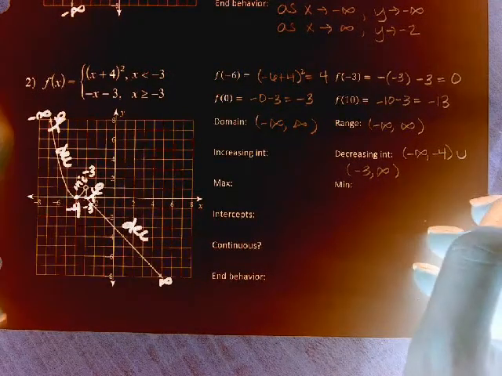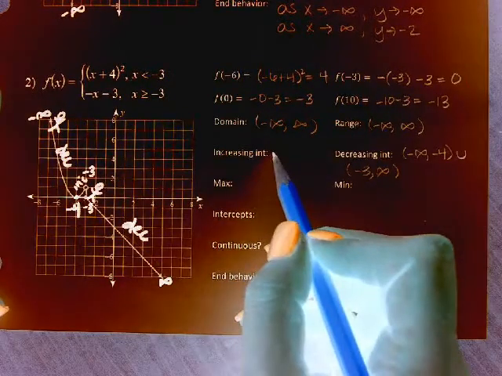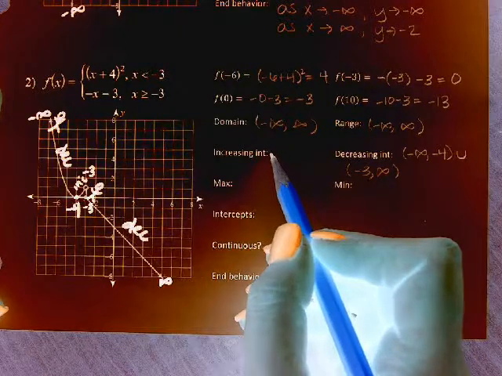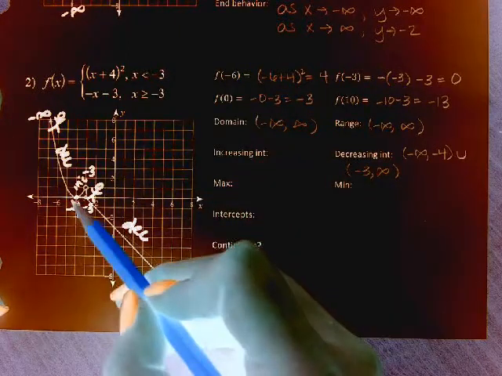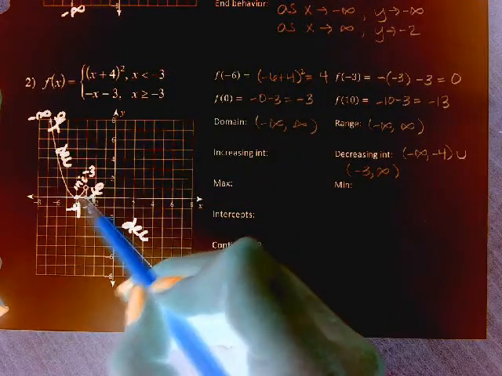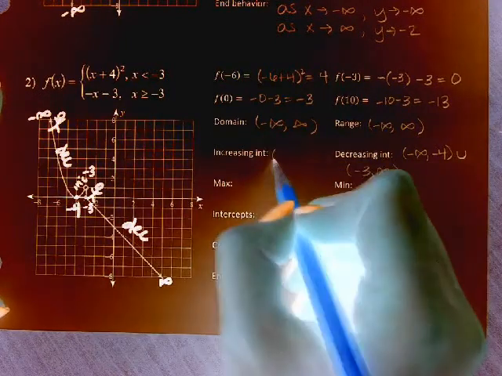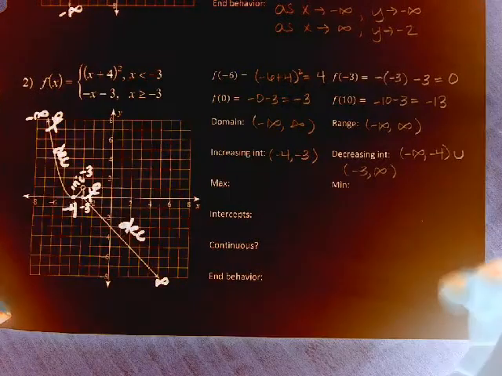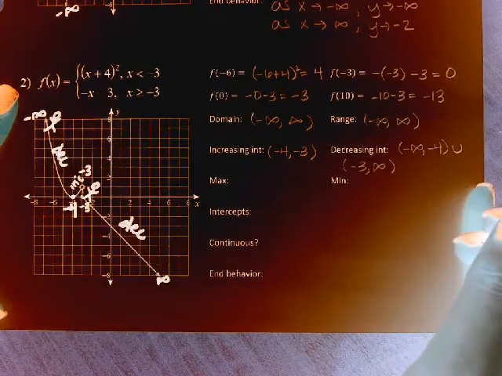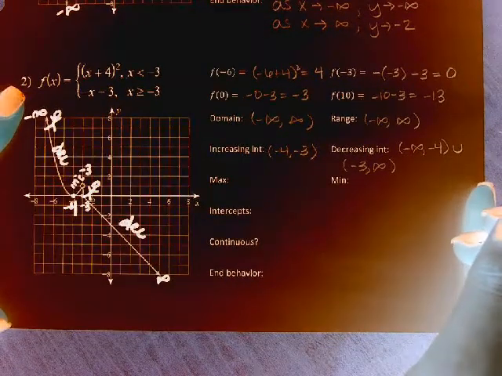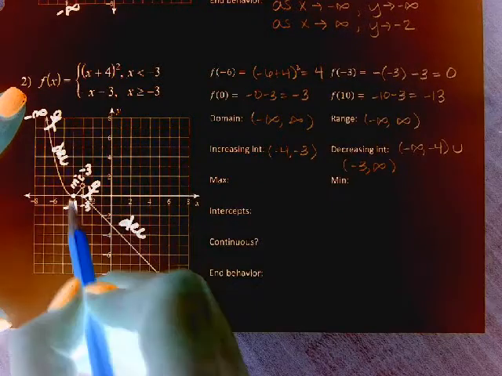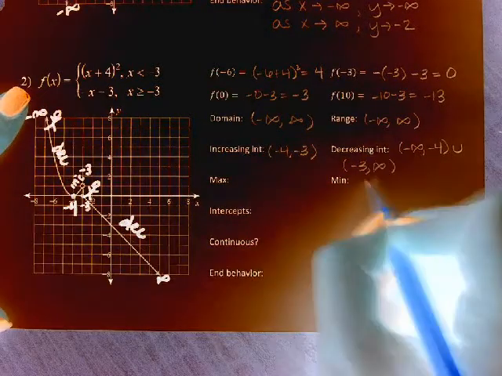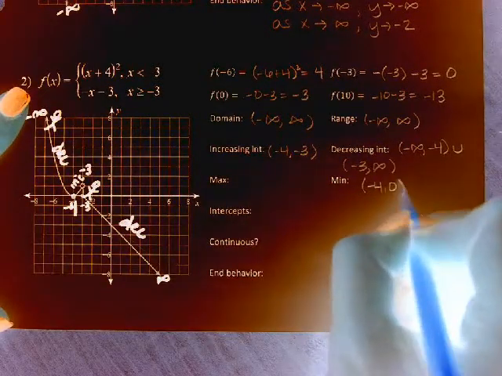And then I've got a little increasing interval. What are the x values for the increasing interval? -4 to -3, right next to each other. So -4 to -3, okay? We already said we had a min. Anyone remember what the min was? Yeah, right here, -4, 0. Was there a max?